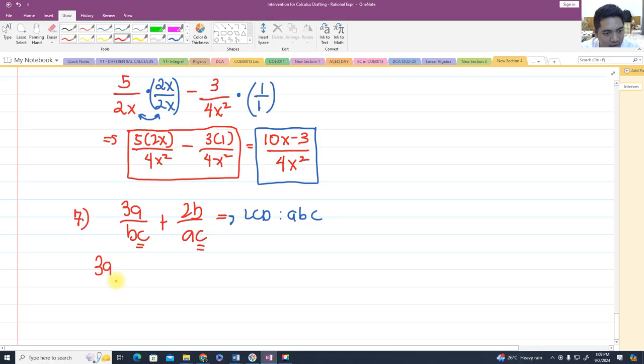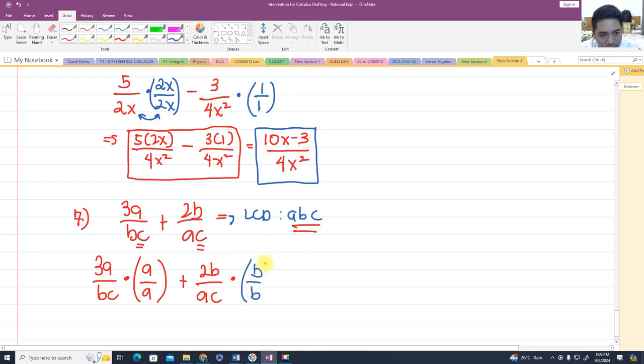So you have 3a all over bc. To what shall I multiply this in order for the denominator to be abc? I have to multiply it by a all over a. Plus you have 2b all over ac. To what shall I multiply it to become abc? That would be b all over b, because abc. And then you have abc.